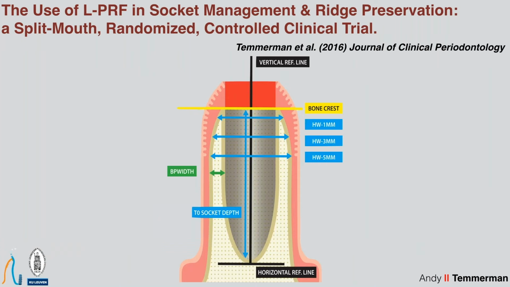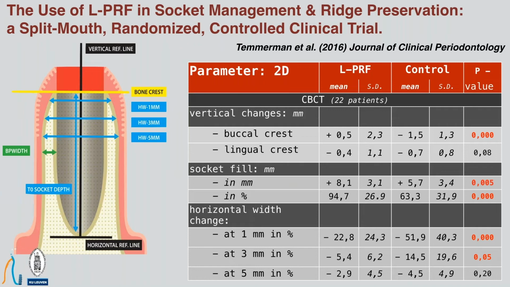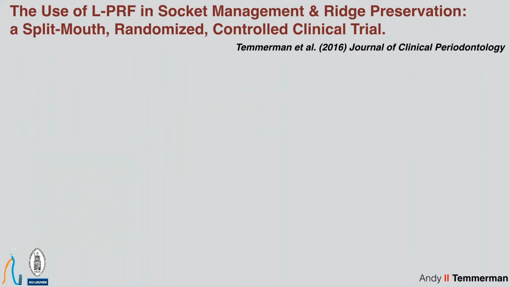Now, measurements were done according to the method that was described by Ronnie Jung in 2013, the aforementioned study. The horizontal width was measured at 3 levels, meaning 1 millimeter below the crest, 3 millimeter, and 5 millimeter below the crest. Also, the vertical height changes were measured buccally and lingually. These are the numbers, but to make it a little bit easier for you, I put them into a graph.